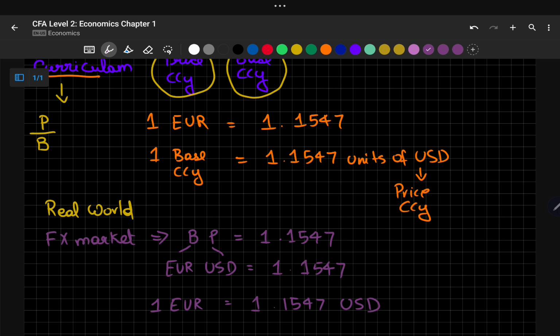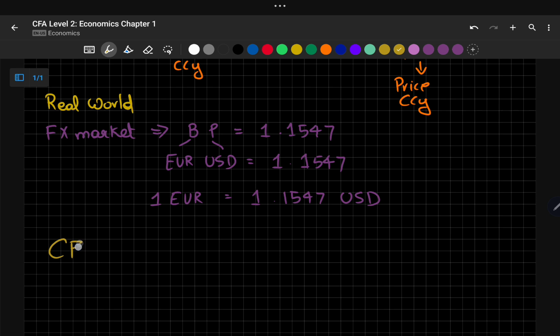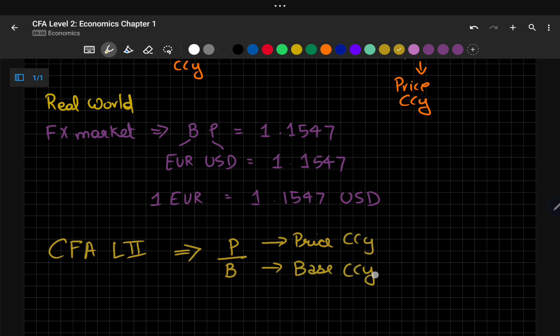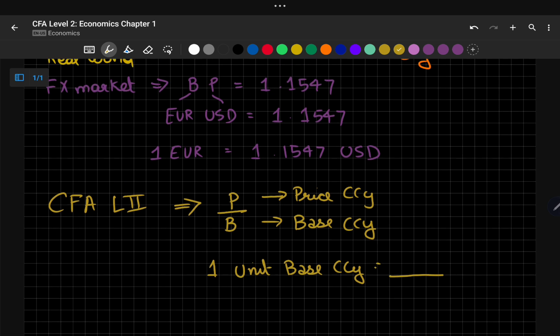But for CFA Level 2, it is in the form of P by B, that is, first the price currency and then the base currency, and 1 unit of base currency is mentioned in terms of price currency.